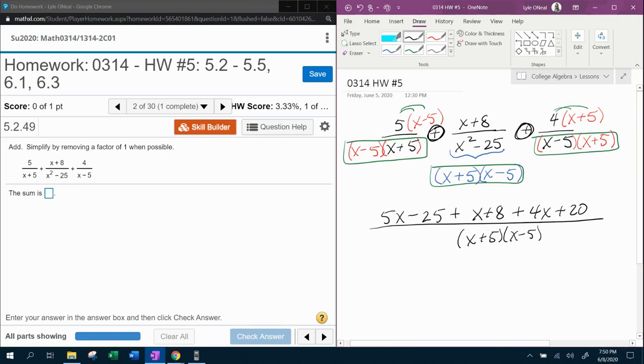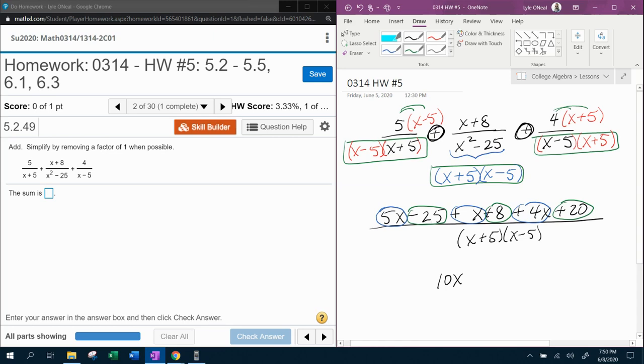Now we can CLT. And don't forget to use a little TLC when you CLT. Here we go. 5x plus x plus 4x all together makes 10x. Next, minus 25 plus 8 plus 20.